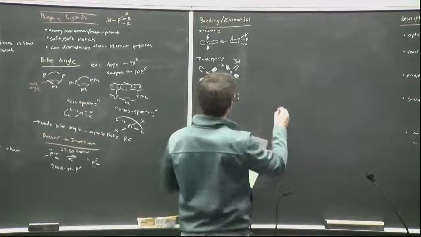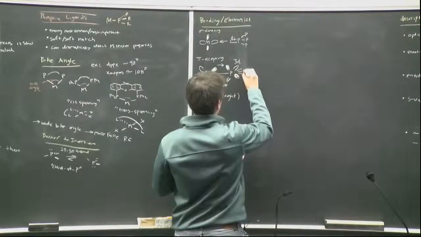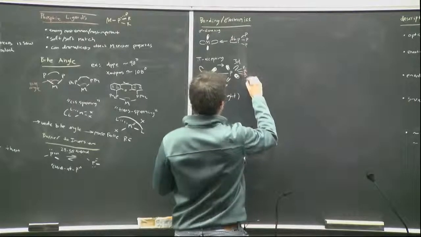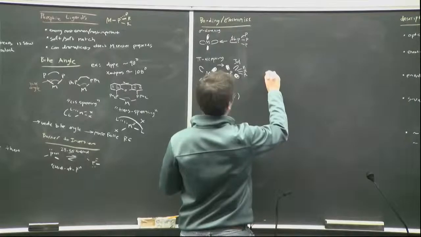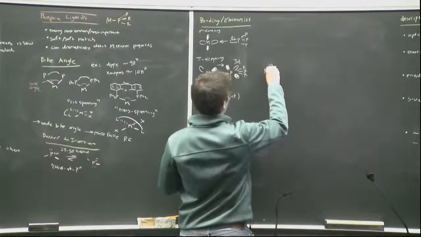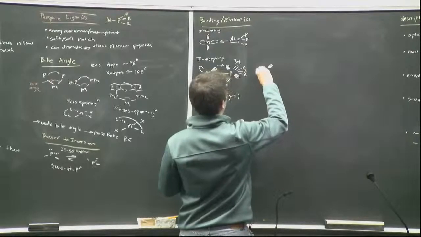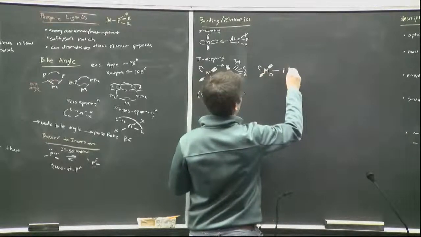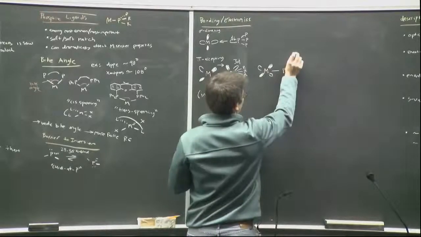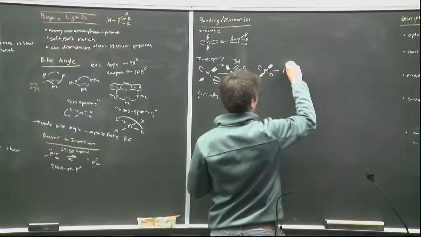But our modern understanding is that actually the bigger contributor, though this is perhaps a contributor, the bigger contributor is donation into the sigma star antibonding orbital of, okay, so let me draw just one of these.